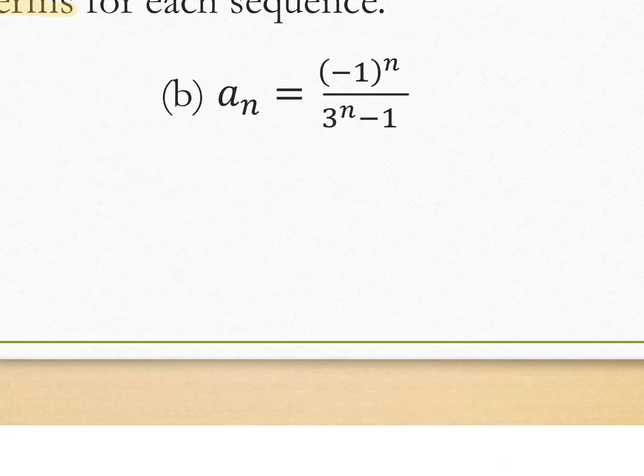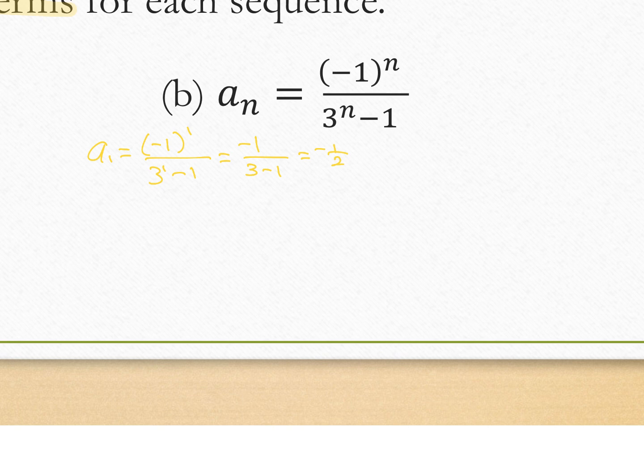If we look at our next example, it is a little bit more complex, but the same thinking process applies. So the first term, we're going to replace all n's with a 1. Okay, so negative 1 to the first power we know to be negative 1. 3 to the first is 3 minus 1. So this one gives us negative 1 over 2.